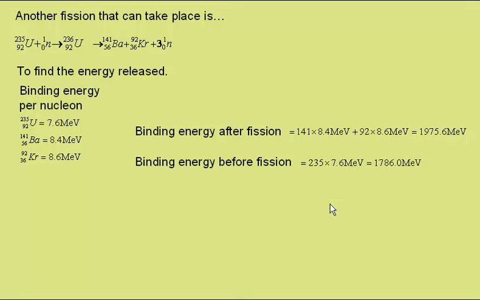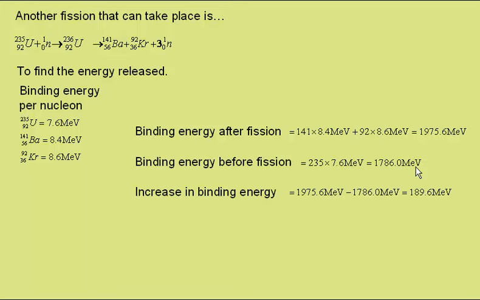The binding energy before the fission is the 235 nucleons in the uranium multiplied by their binding energy of 7.6 MeV, giving a total before of 1786.0 MeV. The increase in binding energy is given by the final minus the initial, giving an increase of 189.6 megaelectron volts. So the energy released is 190 MeV to 2 significant figures.